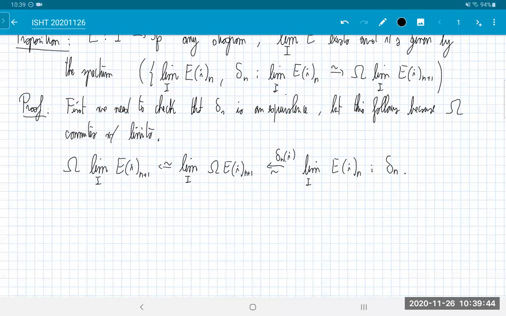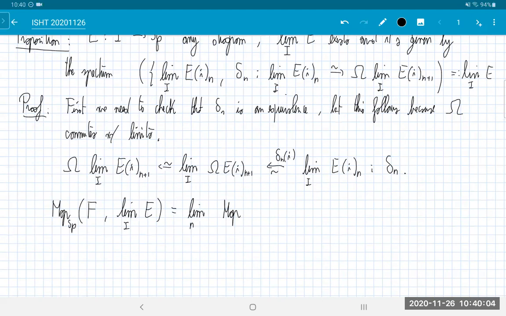And then now we just need to check that this maps from any spectrum F to this limit, let me call this lim I E, because that's what it is. That's the limit over n in pointed spaces from S^n to lim I E_I n.